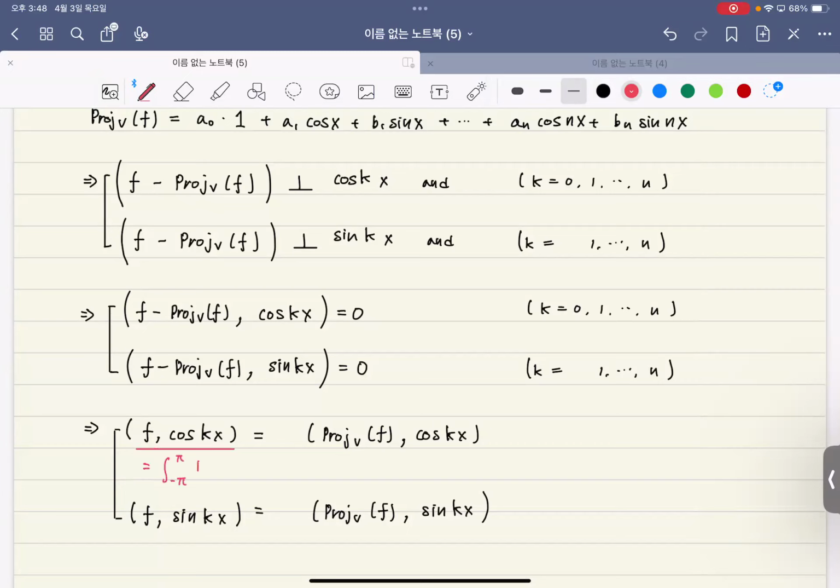These numbers are well defined: this is the integral of f(x) times cosine kx dx.